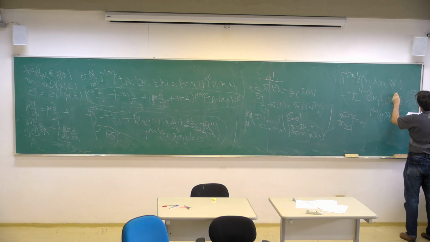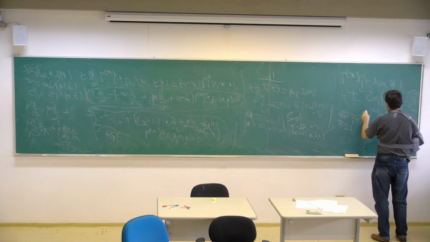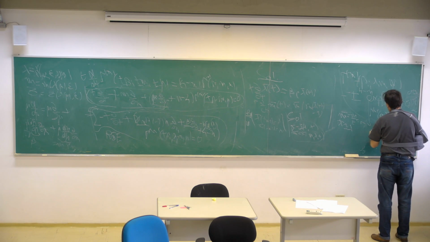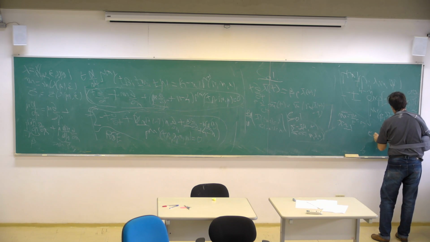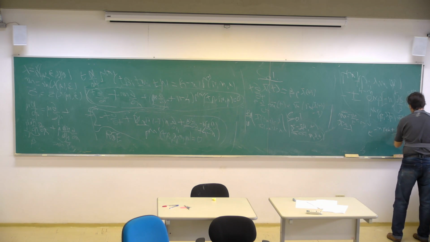So the result will be just log t times gamma d. So this thing would be e to minus n gamma d log t. That is to say, t to minus n gamma d.